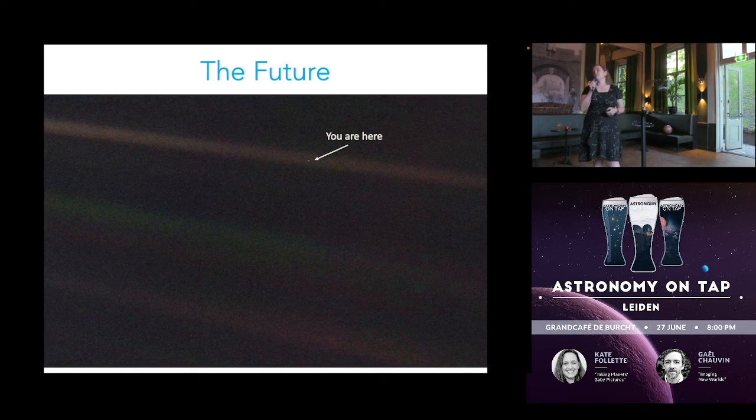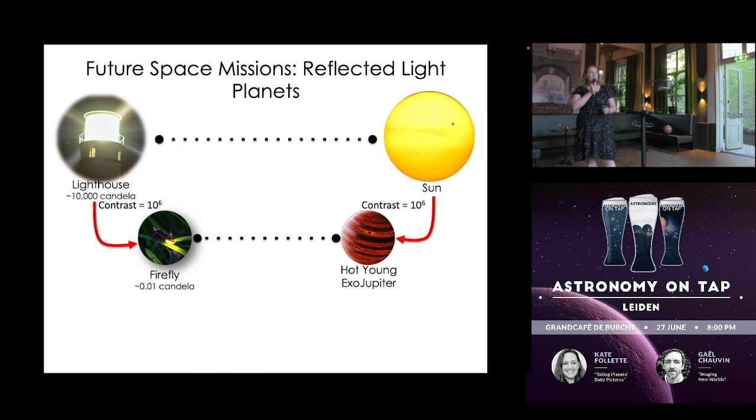So I have grown to love super Jupiters. However, the reason I got into this field was not really to characterize super Jupiters. I was motivated by the idea of taking a picture like this someday of an exoplanet. So what are the prospects for that?